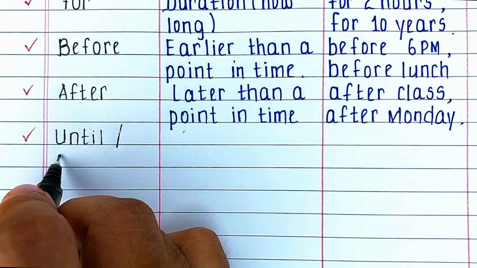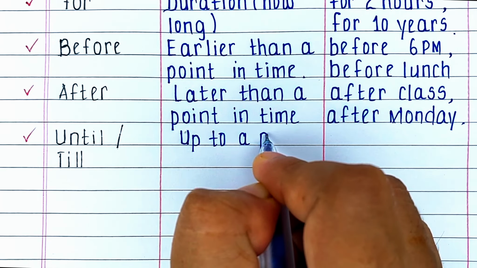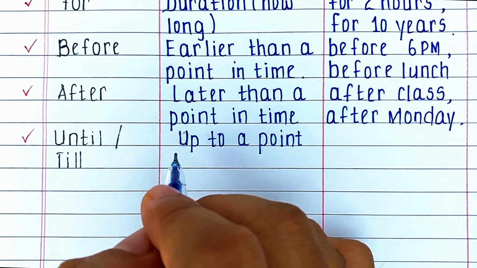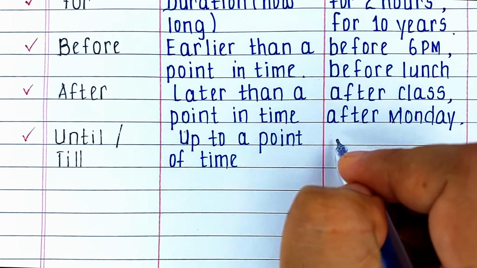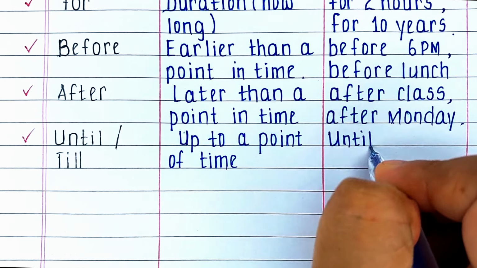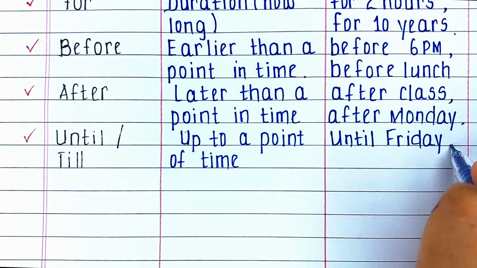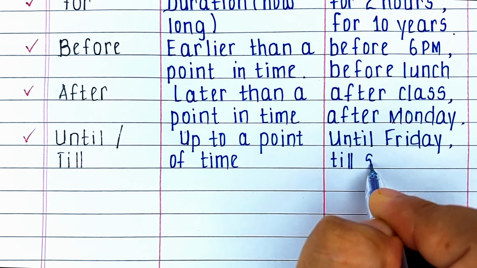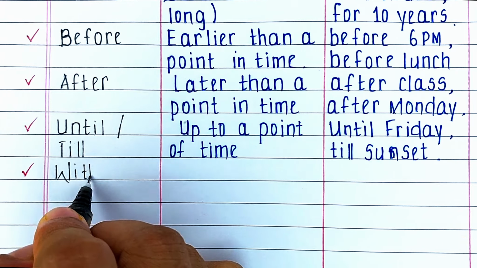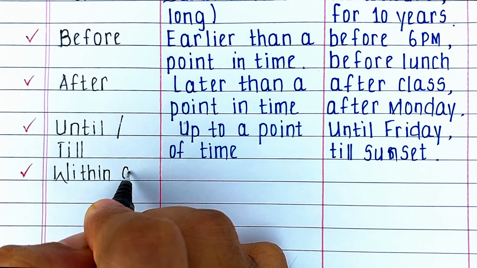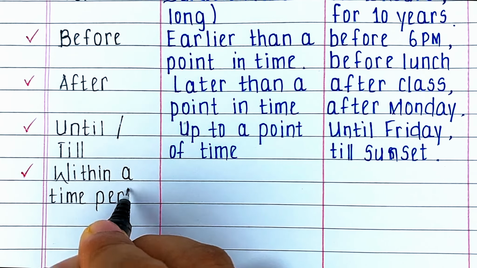Next is until or till. It is used when we want to show something that happened up to that time or up to a point of time. For example, until Friday, till sunset, etc. Next is during.